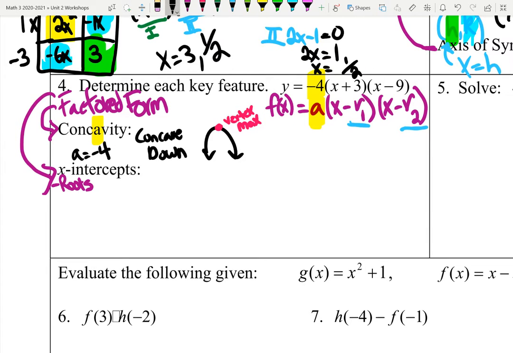So, I'm going to rewrite the top equation so that it's in factored form exactly. So f of x is going to be equal to -4 times x minus, now I need it to be equivalent, it needs to be +3.